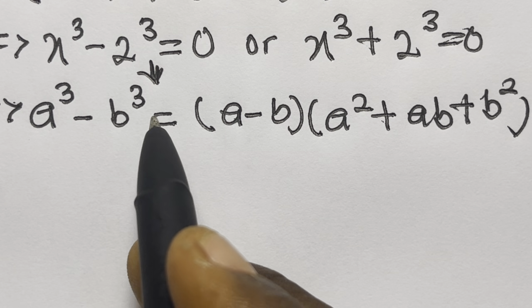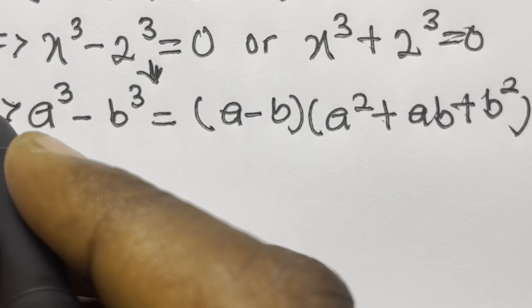So if you apply this to the above, we are going to get x raised to the power 3 minus 2 raised to the power 3 to be equal to x minus 2 multiplied by x squared plus 2x plus 4 equals 0, right?